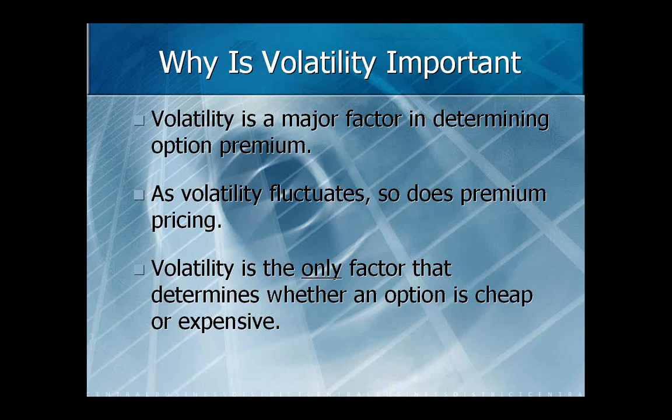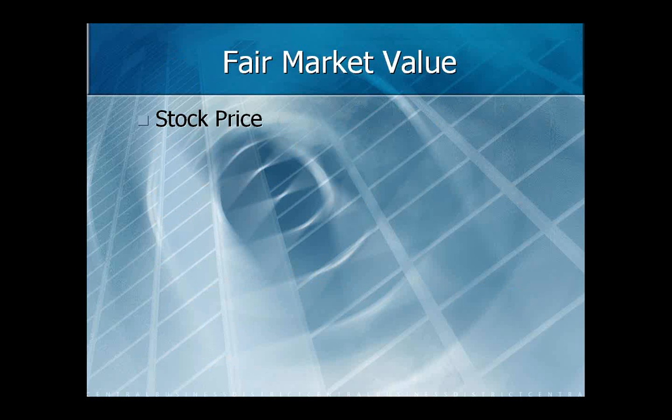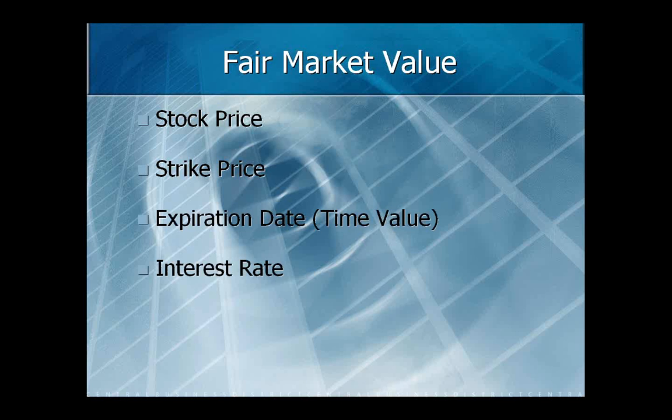Again, we're talking about the difference between fair market value, let's see if that's the next slide. We're talking about the difference between fair market value, which is comprised of these factors, which are all known factors. These are all things that we can know ahead of time. We know what the stock price is.